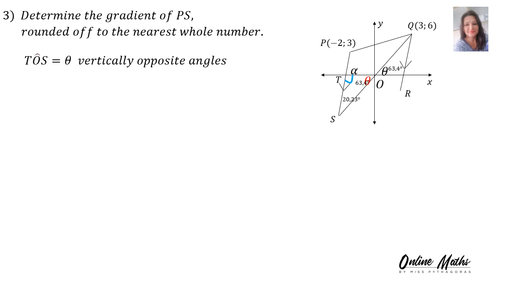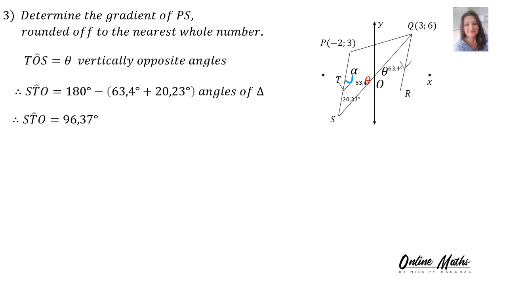Therefore, you can work out the size of STO with your theorem, angles of a triangle. Then you can say angle STO is 180 degrees minus (63,4 plus 20,23), that is S and theta. And your reason: angles of a triangle. And then the size of STO is 96,37.